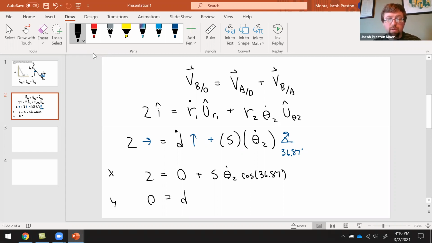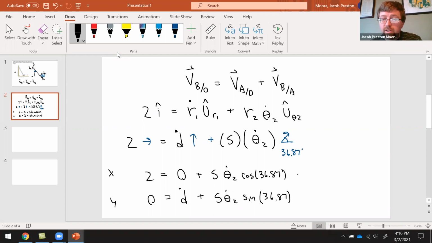That's equal to D dot plus 5 theta 2 dot times the sine of 36.87 degrees. I can take this X equation and solve for theta 2 dot, the rate of rotation of the ladder. Once I have theta 2 dot, I can plug it into my Y equation and find D dot. That's what we're going to do.